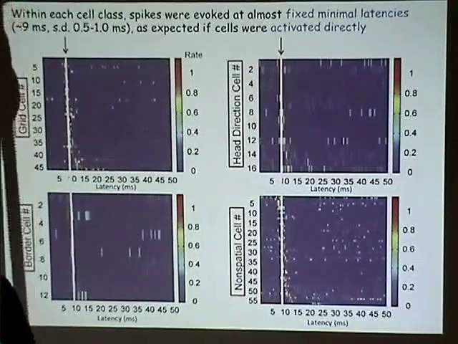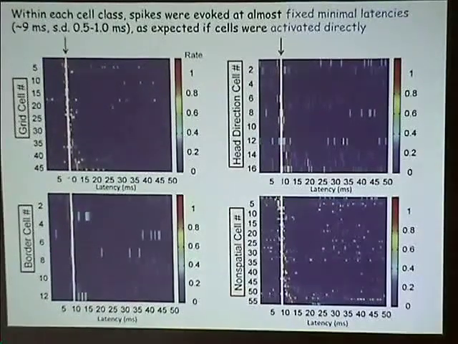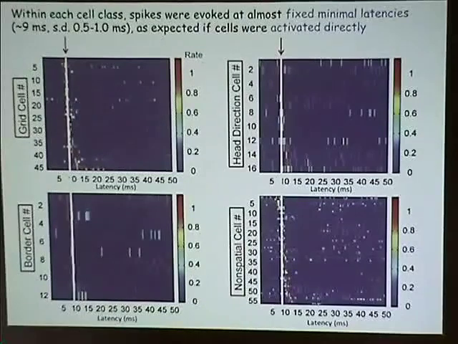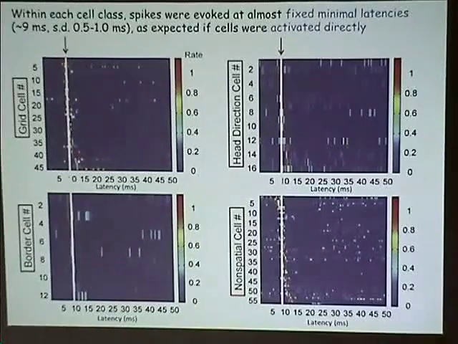So many questions come up, of course, whether these are directly activated, since these are minimal latencies and we never see shorter latencies, and because if you stimulate across known synapses, you get much, much longer latencies. Then I'm pretty confident it is, but that's all in the paper, so I don't want to deal with that.